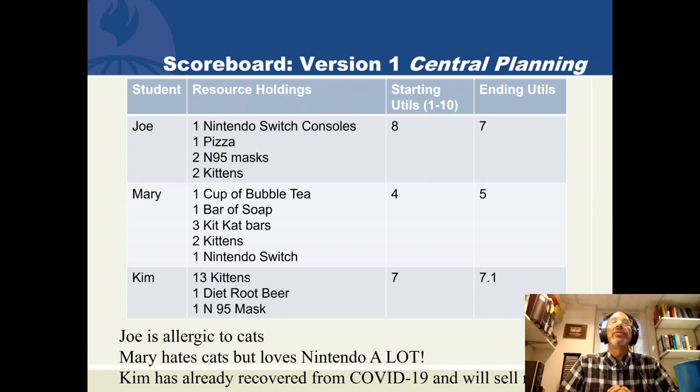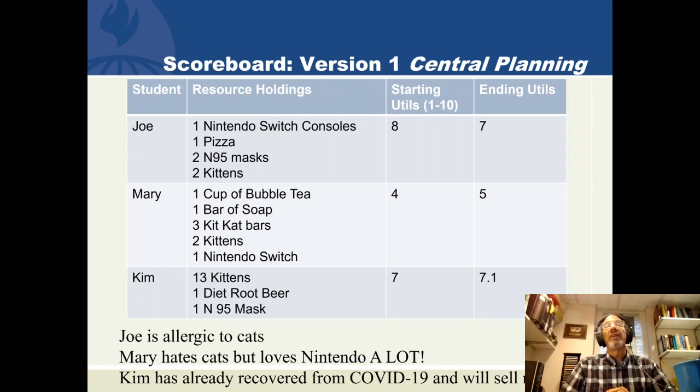And Joe, I asked Joe, how happy are you now that you've gotten 2 kittens? And we asked Joe, and Joe is allergic to cats. He says, sorry, I was 8, but now with these cats in my house, I'm down to 7. Mary is really thrilled to have gotten her Nintendo Switch. She doesn't like the cats, but she's happier.